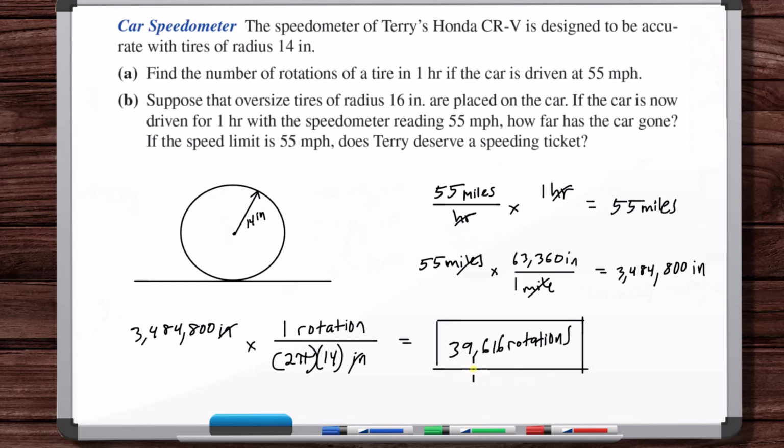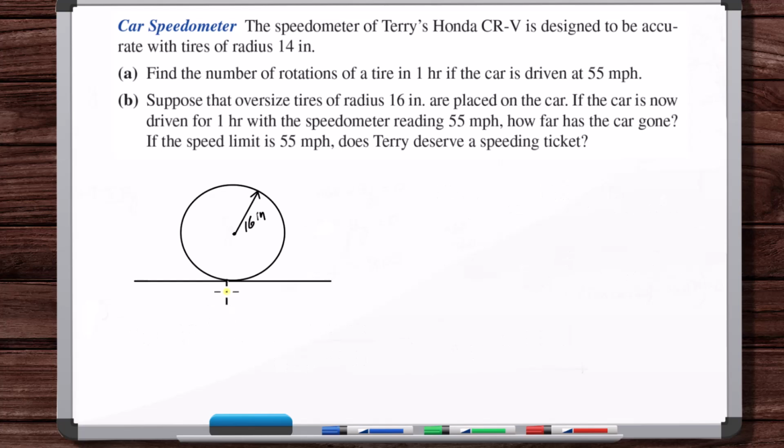So this was 39,616 rotations. What happens is that you can think about the speedometer as reading the angular speed. And then I'm assuming in the computer, you have a factor that accounts for the radius of the tire. So the key to answer this question is to realize that.